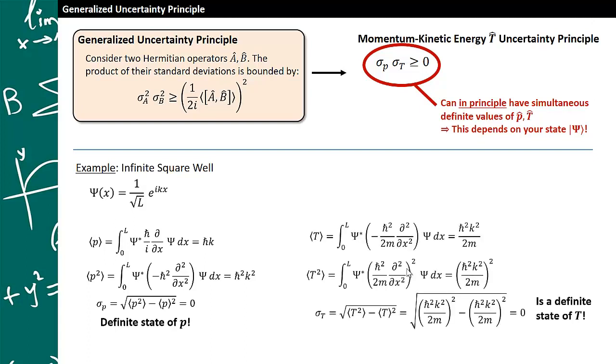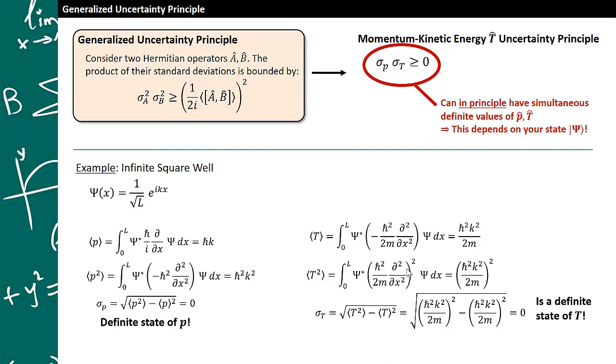What about kinetic energy? Well, I can do the same thing that I did previously. I can calculate the expectation value of the kinetic energy and the kinetic energy squared. All I have to do is take some derivatives and then do some integrals. If I do those derivatives, for the expectation value of the kinetic energy, I get h bar squared k squared over 2m.